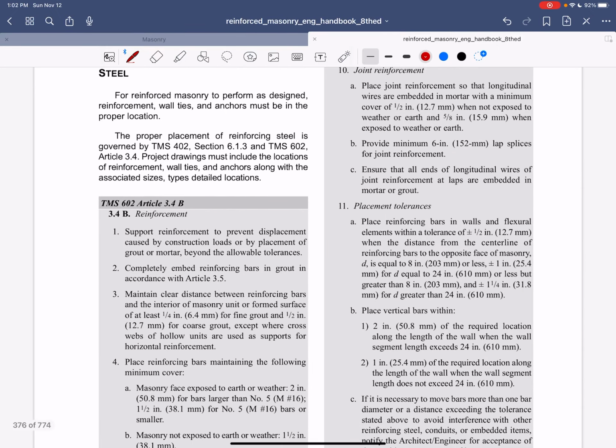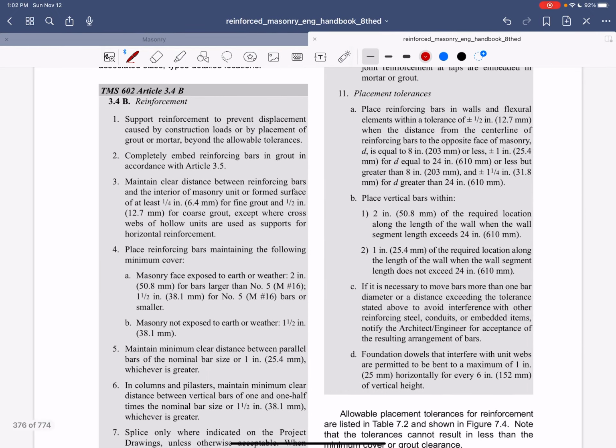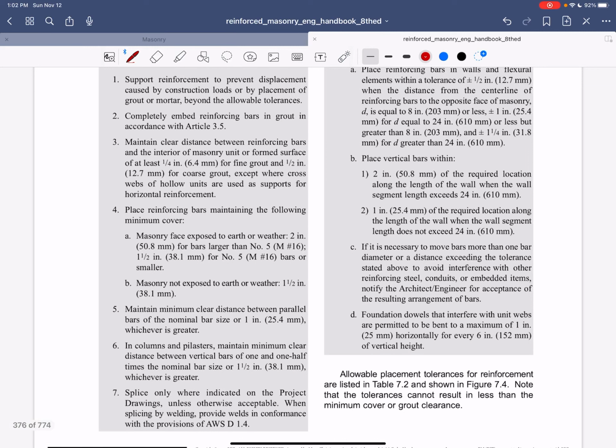This has all the tolerances in it. So a lot of information here. For masonry, a couple of things we have. I know that I have to have the reinforcing bars with a minimum cover for weather. We'll assume this is outside, so 2 inches. I have a clear distance between parallel bars of 1 inch. And this should look a lot like what you already have done in concrete.